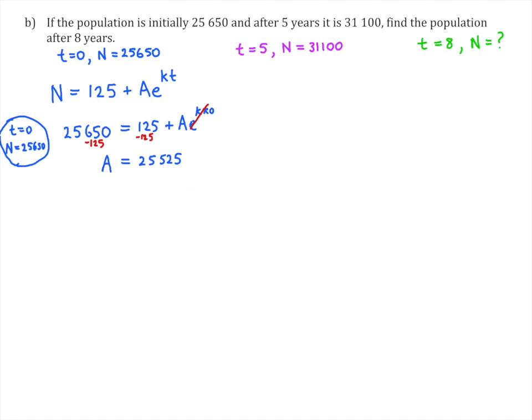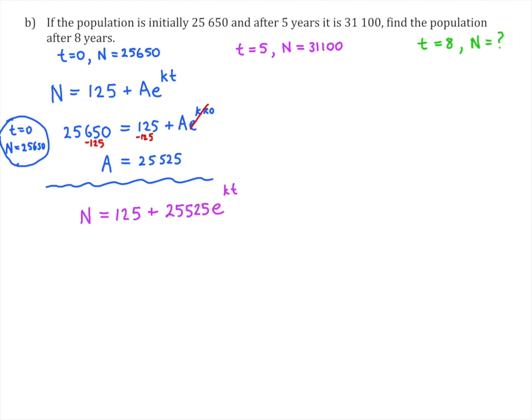It doesn't change. So my formula is no longer N equals 125 plus Ae^(kt). My new version of the formula is now N equals 125 plus 25,525 e to the power of kt, because I know what A is.